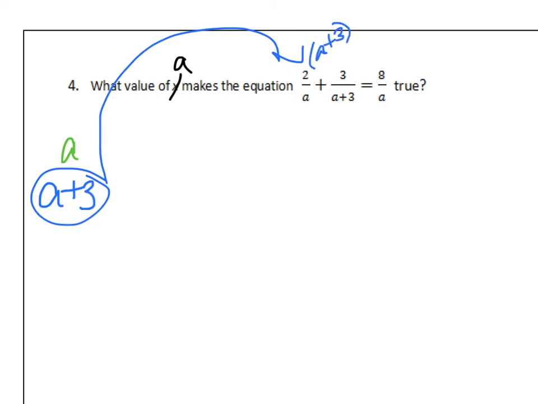Second fraction has the A plus 3, so he needs the A. And the third fraction has the A, so he needs the A plus 3.